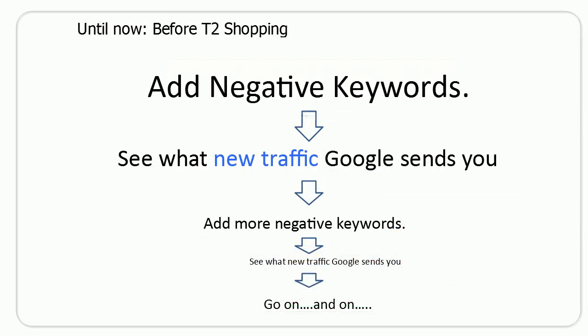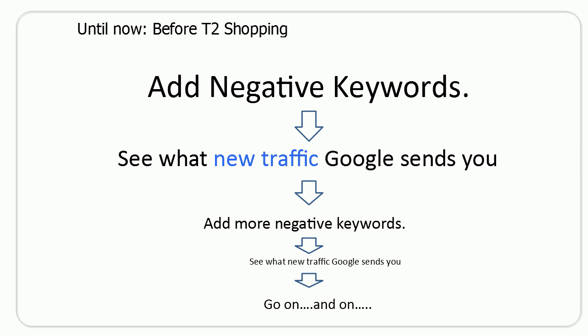Of course, Google is trying to send you traffic and trying to find new traffic for your product all the time. So every once in a while you have to check what traffic came to your product that was not excluded by your negative keywords, and then what new negative keywords you have to put into your ad group so you don't get that traffic that you don't want.